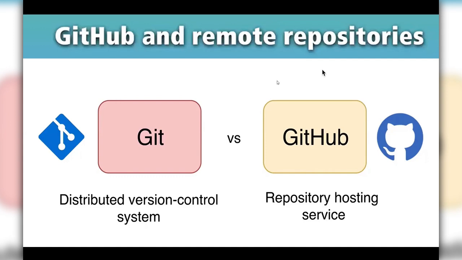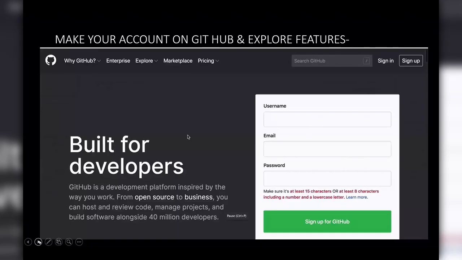But what is the different part? In GitHub, there is a GUI provided. With the help of the GUI, you can access commits and many other things. In the next slide, make your GitHub account.